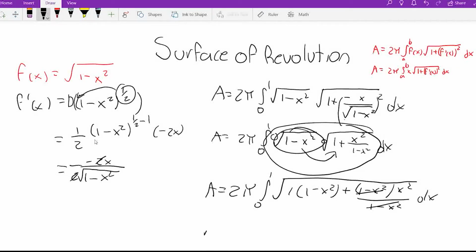So the result is going to be A is equal to 2 pi from 0 to 1 the square root of 1 minus x squared plus x squared.